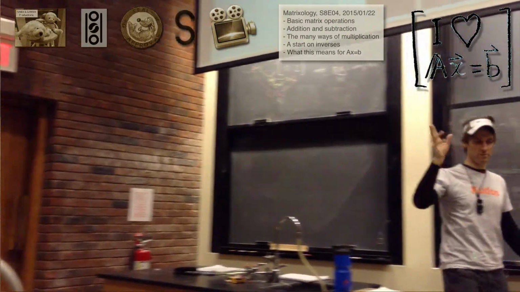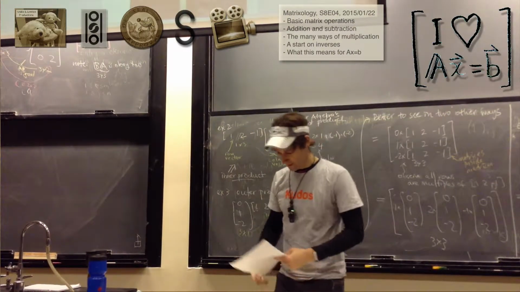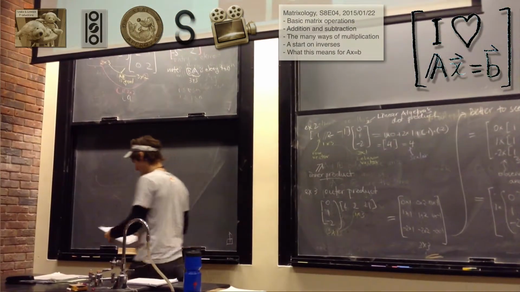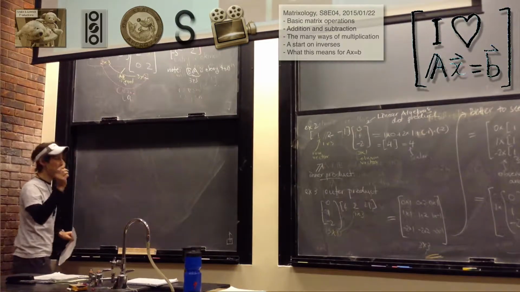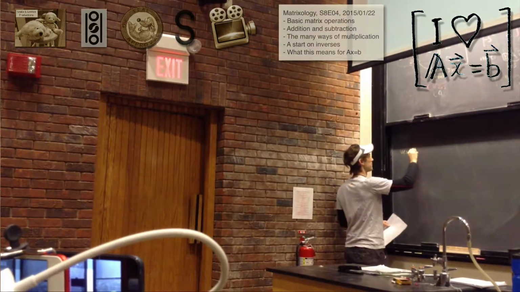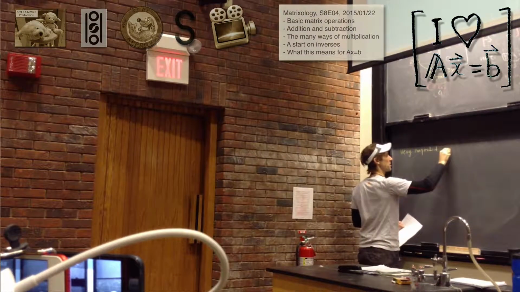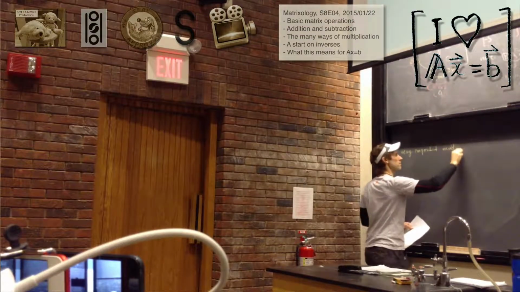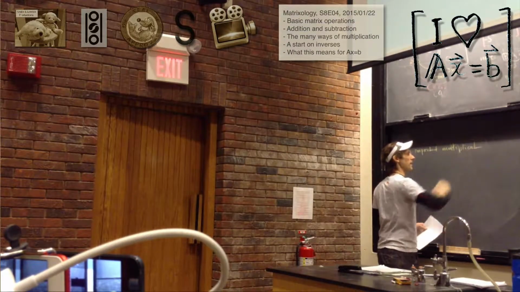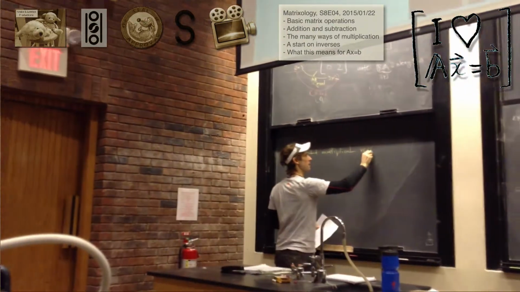So a super important way of multiplying matrices together is to do this. This is going to be a very important thing. Very important multiplication versions. All right, let's call them versions.